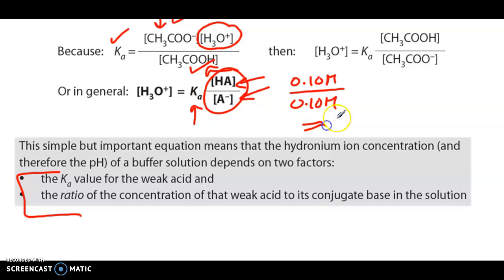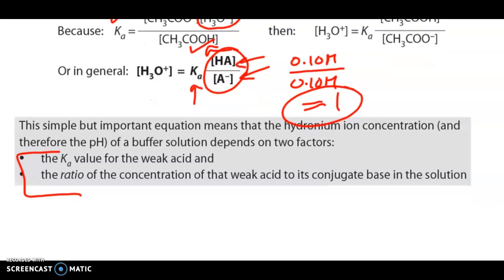That means that the ratio between HA and A- would be approximately 1, okay, if they were in equal concentrations. Now we'll talk about what happens if they're not exactly equal, but you want to try to get them as equal as possible because you'll notice in the next couple of slides that the range of that ratio will affect how efficient your buffer can be.